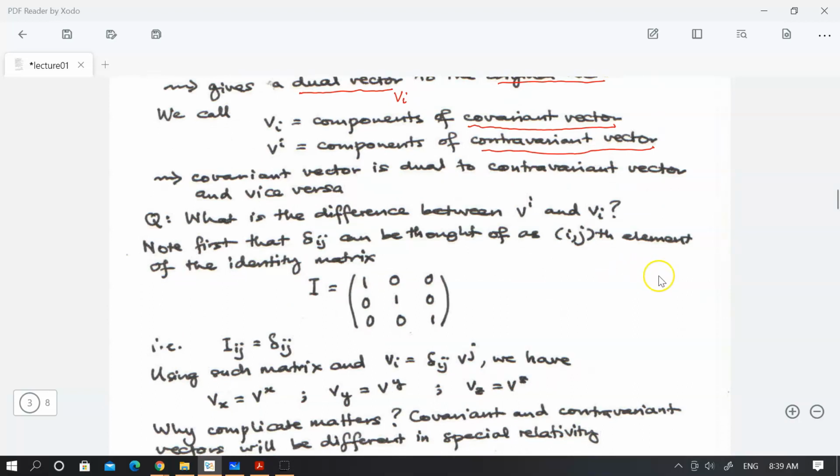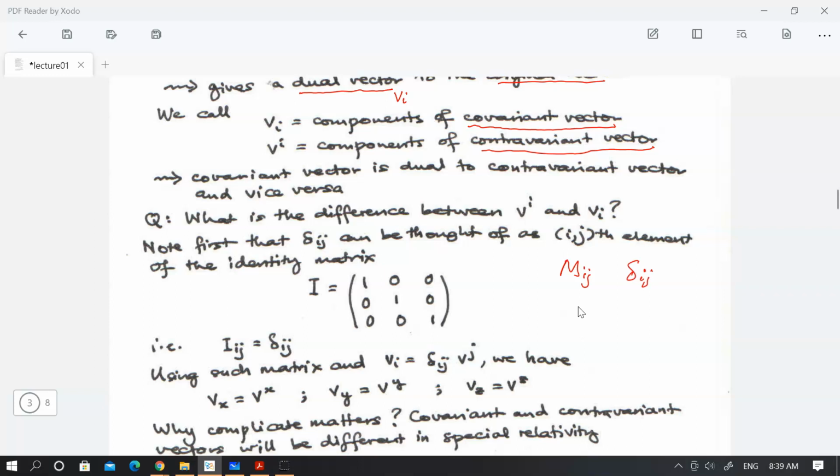Now what happens is that your delta ij, you can think of it like, if you have a matrix M, you remember I introduced index notation for matrices. So here's a matrix M. I want to specify the ijth element. I just put this subscript ij at the bottom, right? So your delta ij is more or less the same kind of thing.